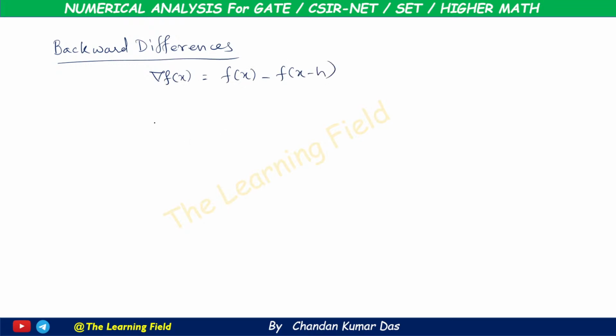We can define this in terms of f(x) and f(x minus h), where xi is equal to x0 plus i h, for i equal to 0, 1, 2, up to n, if there are n plus 1 distinct, equally spaced points. Therefore delta of f(x1) is equal to f(x1) minus f(x0), which is y1 minus y0.